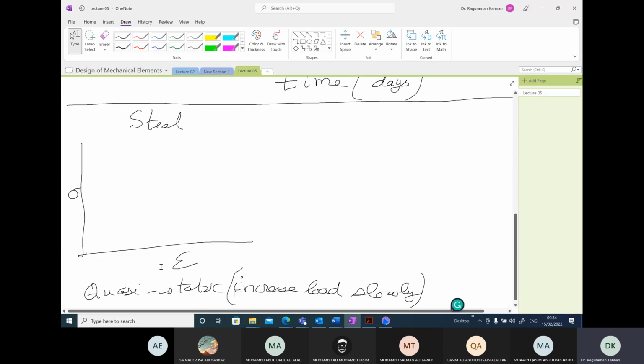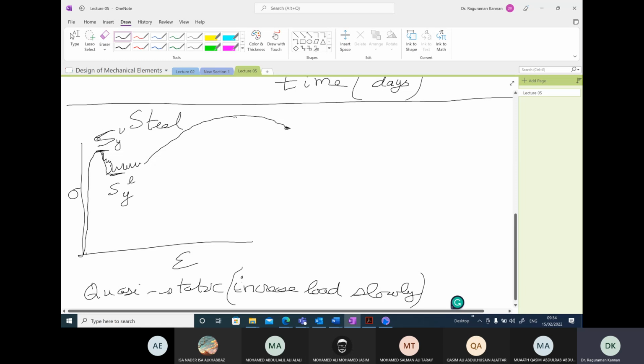So at a slow speed, we got a response like this, almost a vertical line, and then it goes down, then it does something like this, then we have fracture. So in the case of steel, we have the upper yield point, so let's write it as SYU, and the lower yield point here is LY.